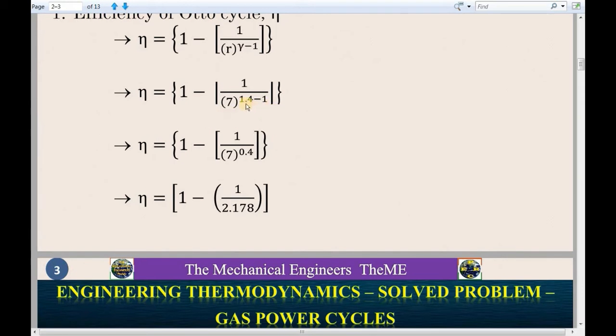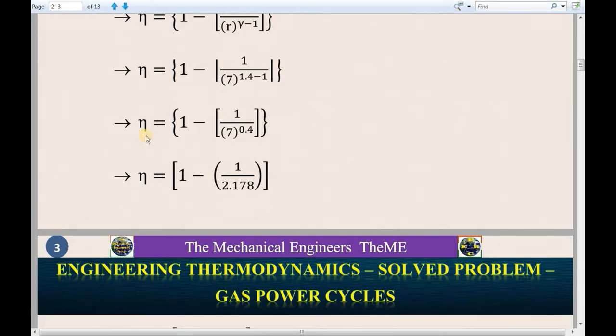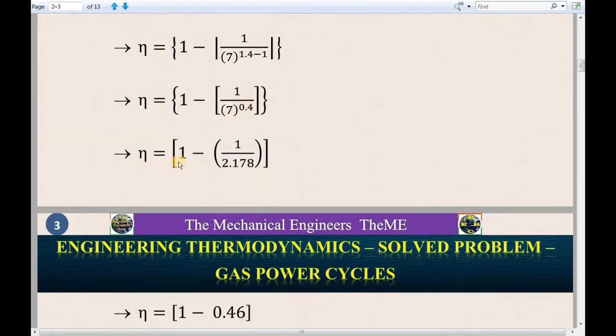So here 1.4 minus 1 is 0.4. So the next step will be eta is equal to 1 minus 1 divided by 7 to the power of 0.4. Here 7 to the power of 0.4 is 2.178. So eta is equal to 1 minus 1 divided by 2.178. In this RHS, 1 divided by 2.178 is 0.46.